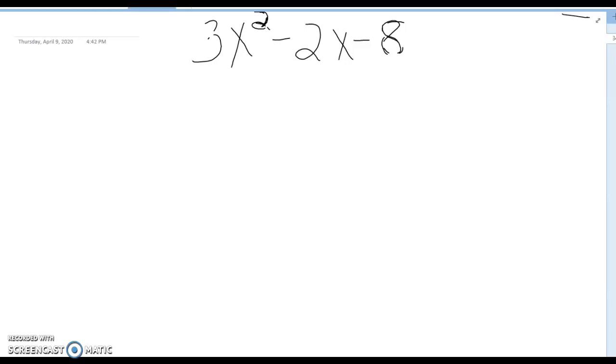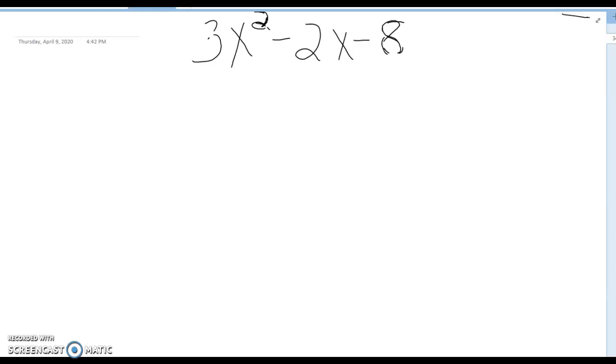All right. The first thing I want you to look at is 3x squared minus 2x minus 8. When we're looking at the 3x squared, what we want it to be is a perfect square. By perfect square, I mean if you look at the x squared, we can take the square root of it and get x, because x times x is x squared.